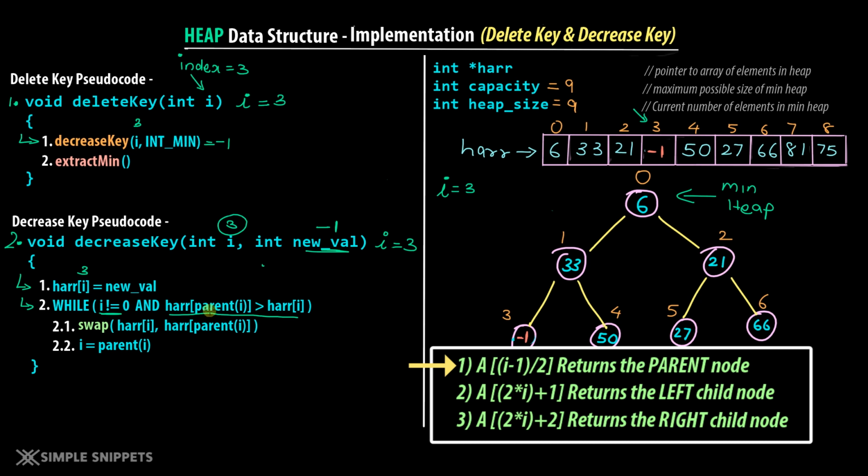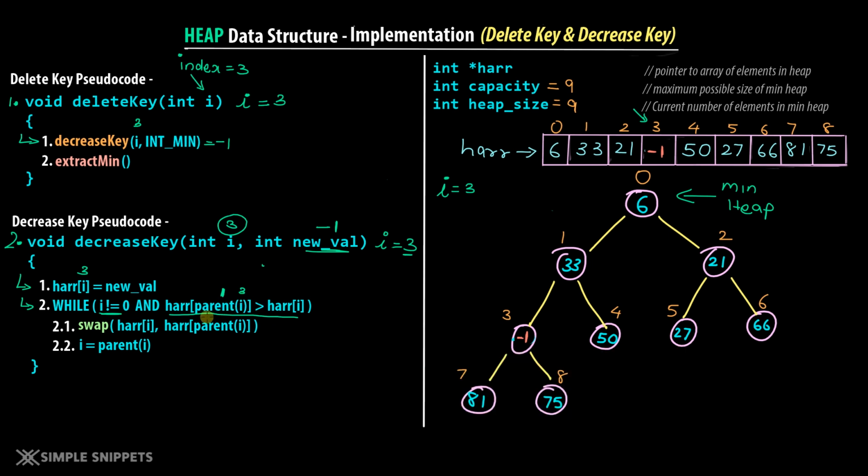So when you pass parent of I, where I is 3, you'll get index position 1 as the return value from this function, because you can see the parent formula and the function over here on the screen. We've already discussed this in a previous tutorial, so I'm not taking that up again. But you'll get 1 as the result of parent of I.